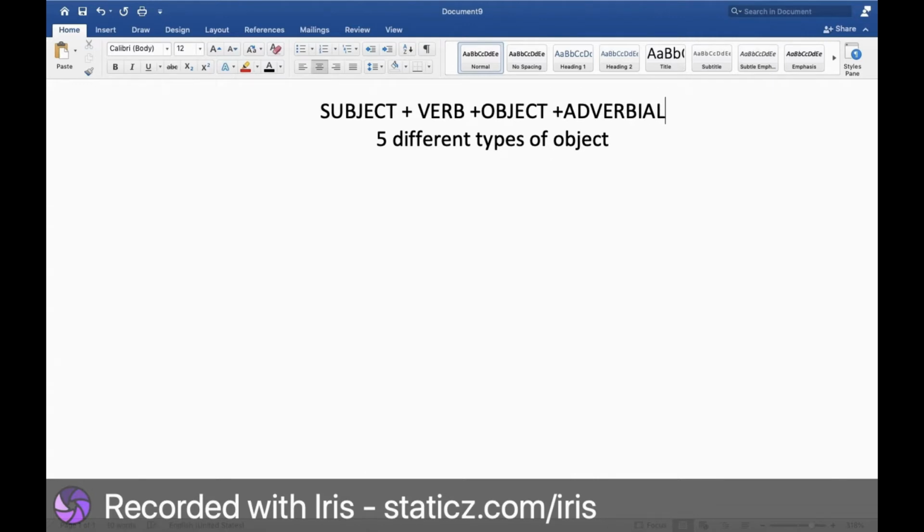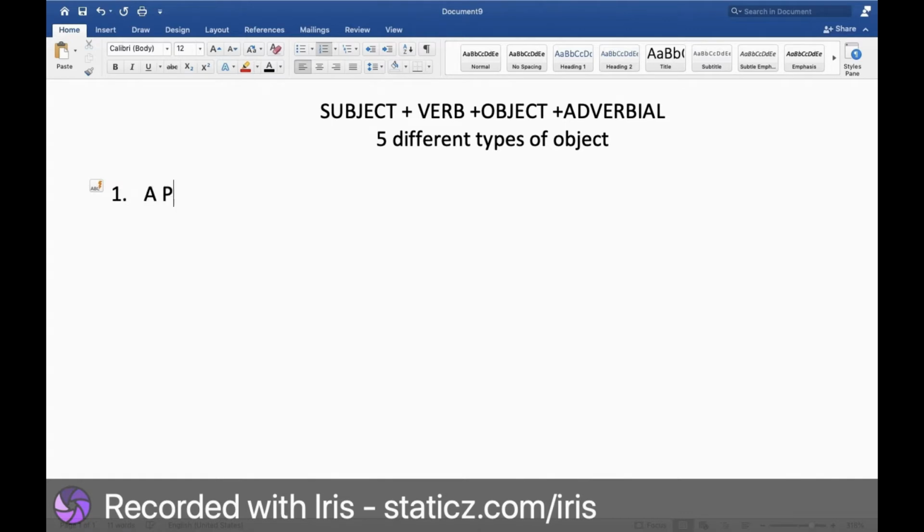And we have 4 types of adverbials: place, time, how, and reason adverbial. And we also have 5 different types of object, which means that we can use one of these 5 different things when it comes to object. First, we studied the easiest one. Can you tell me what the 5 of them were?